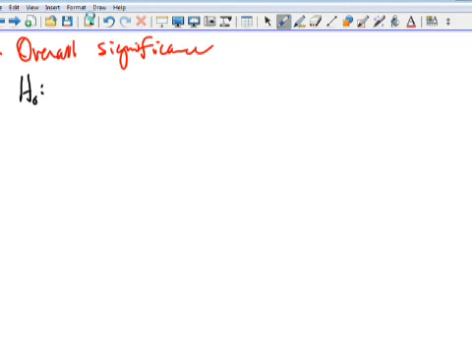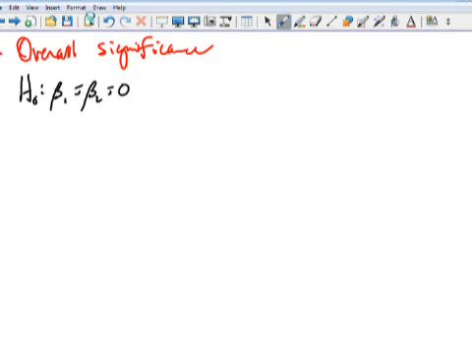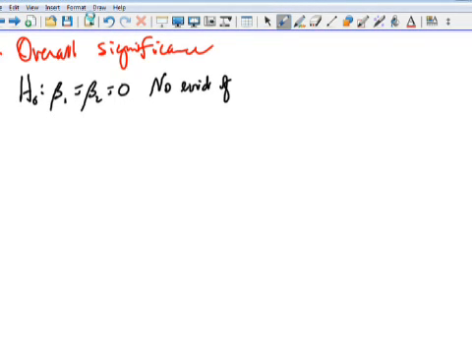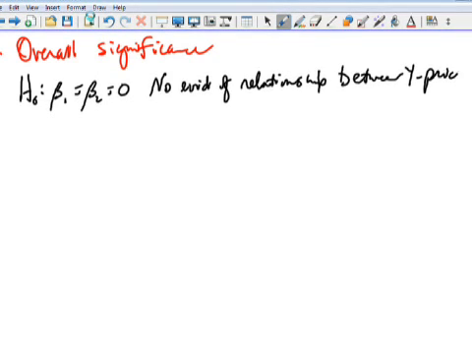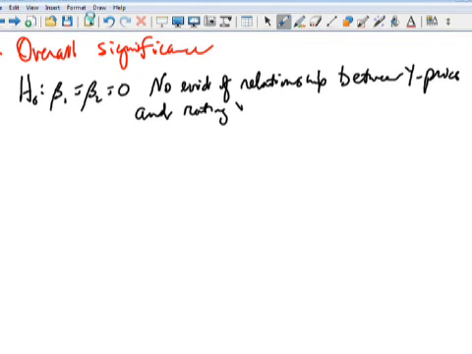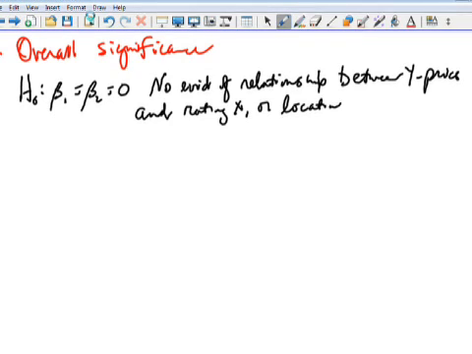Our null is that slope of X1 and slope of X2 are both equal to 0, which means there is no evidence of a relationship between Y price and overall rating X1 or location X2.